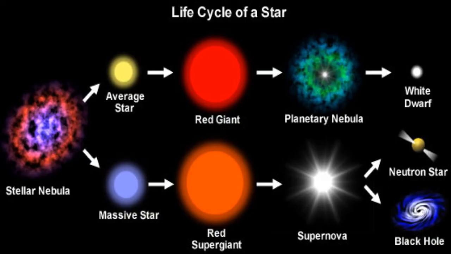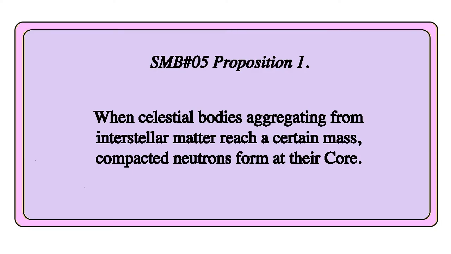Compacted neutrons are sources of enormous energy. This is the energy released if they break down into a proton and an electron. When you think about the process by which a neutron star has been formed, it's obvious that these neutrons must have been present in the core of the star before it blew up. This leads to a general assumption about the formation of stars and other heavy bodies like planets.